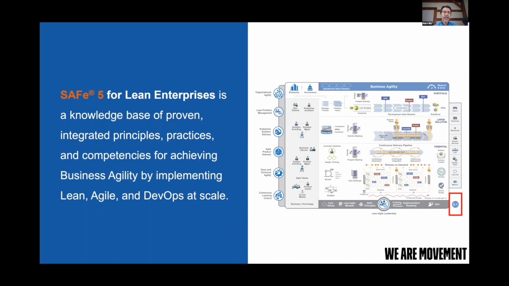So when we talk about SAFe, we talk about the knowledge base, the set of articles, and the set of content and advanced topics and glossary entries that are in the knowledge base at scaledagileframework.com. We don't want to complicate things by putting point releases on it.